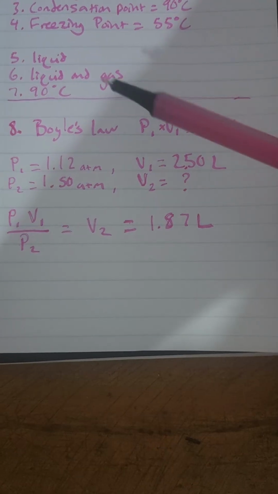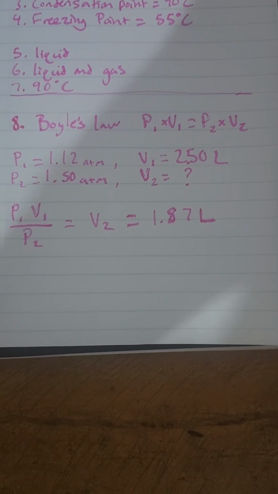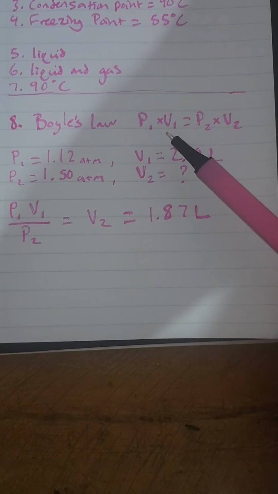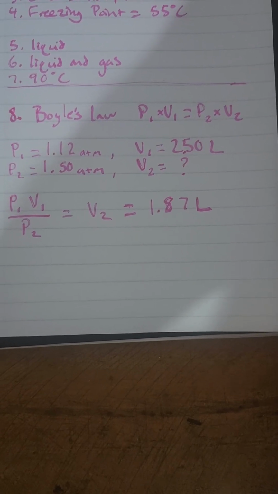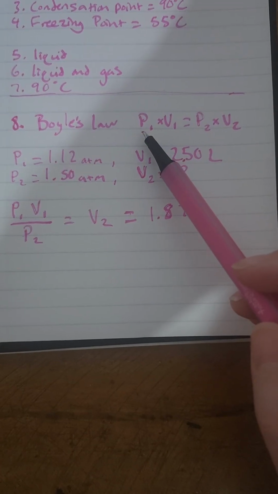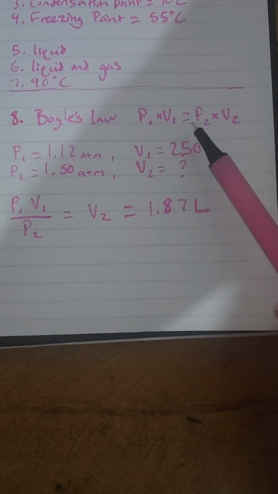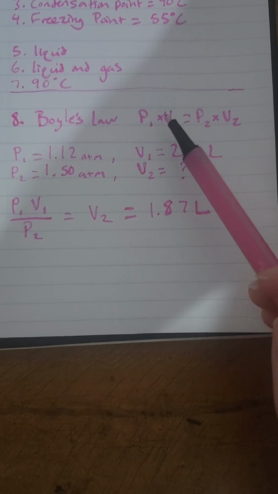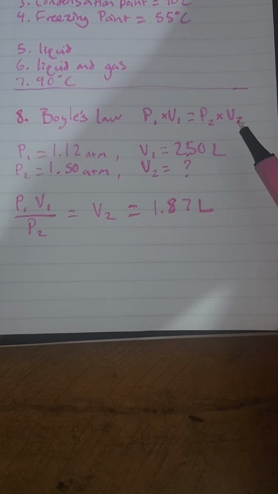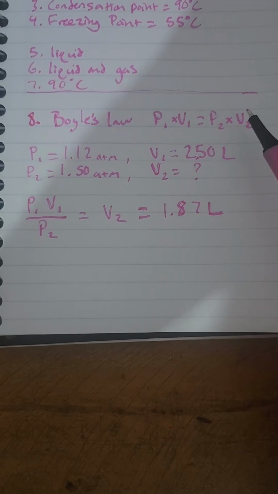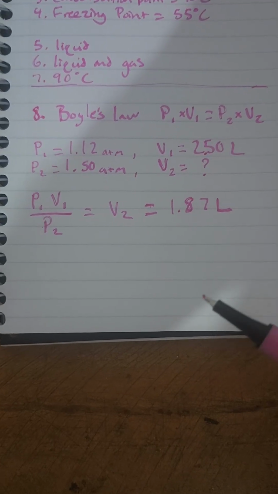So for this next question, we're going to be using Boyle's law. So that relates to pressure and volume. That states that P1 times V1, meaning the original pressure and the original volume, will equal P2 times V2 after we change one of these variables.